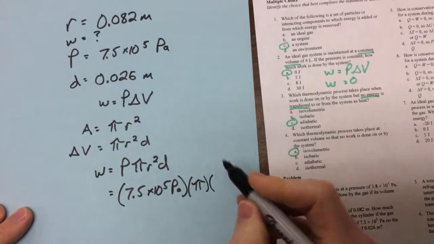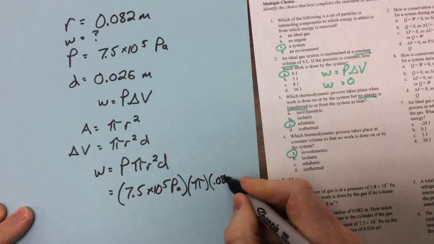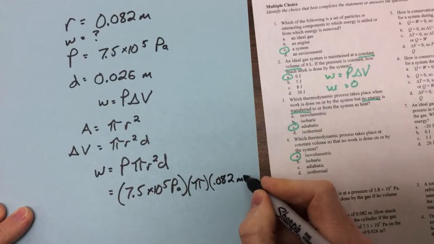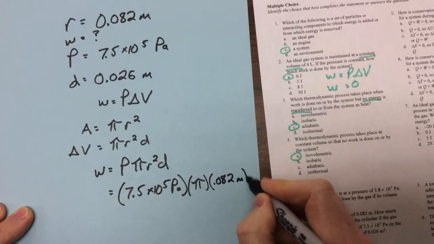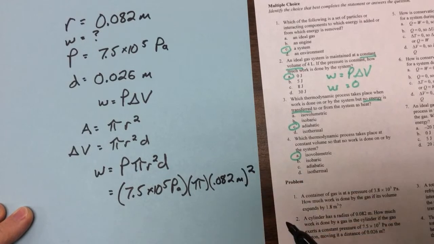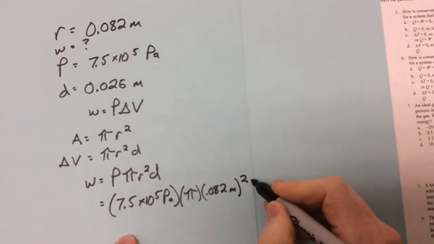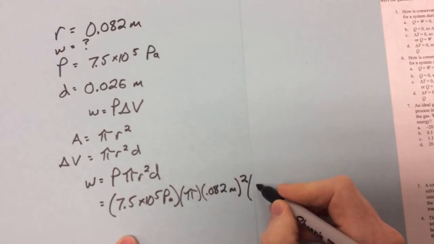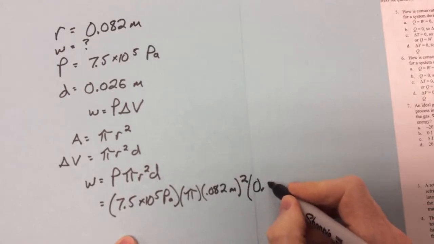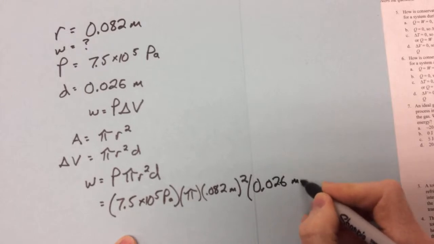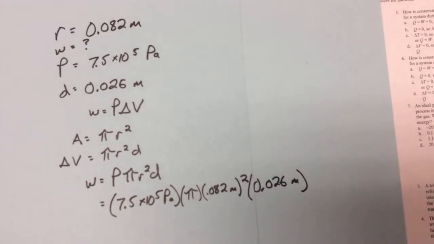What is our radius again? That's 0.082 meters, and that's going to be squared. And then, sorry, running out of space here. So let's go ahead and write over here. And then that's going to be times the d value, and that's times 0.026 meters. Okay, so we can just plug this in our calculator and see what we come up with.